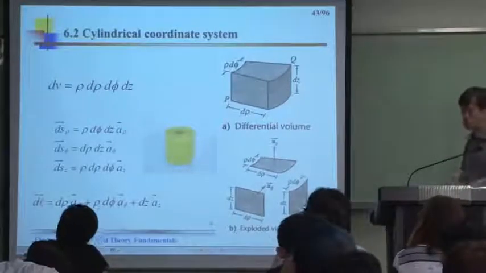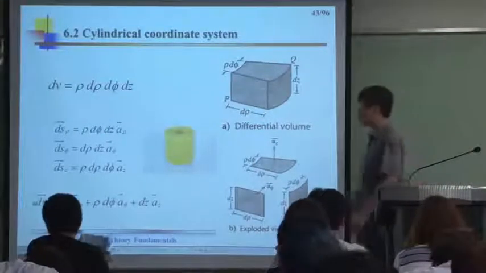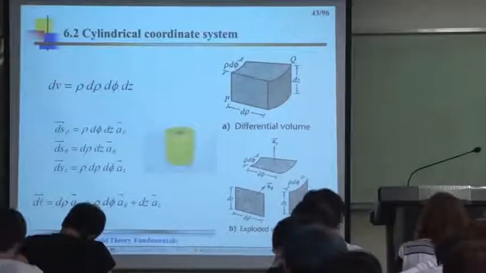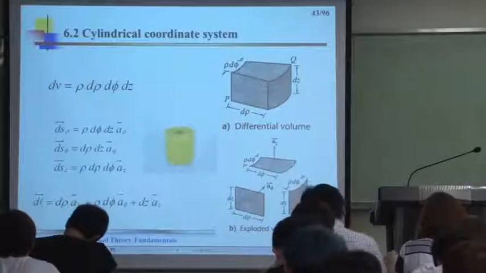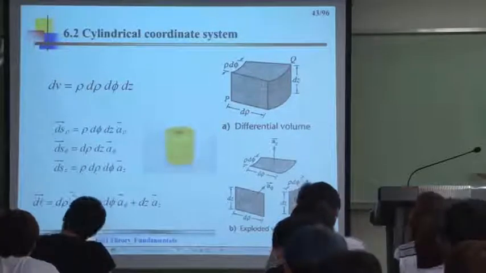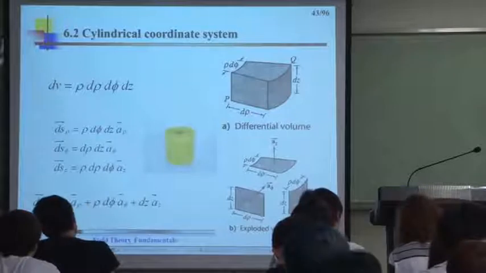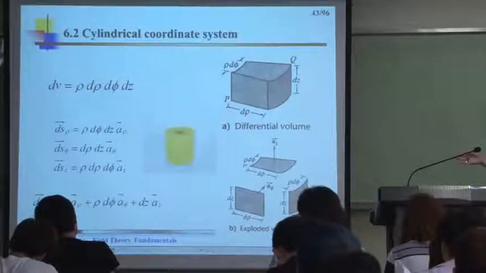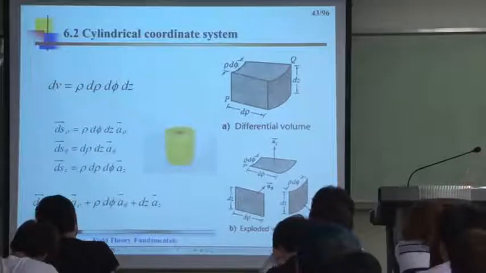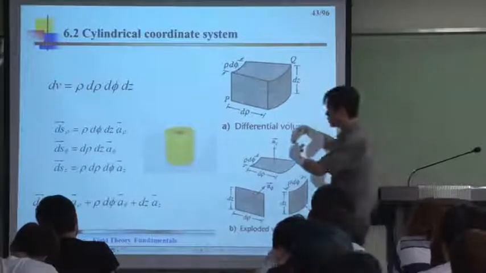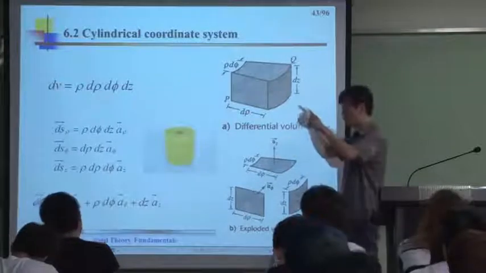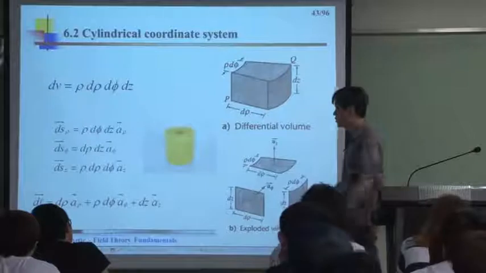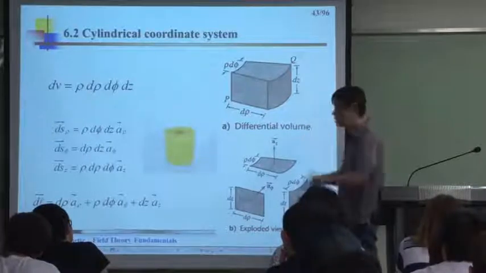Okay, so in case of the x, y, z coordinate system, it was easy. It was easy and very conceptual. By intuition, you can understand it. But in case of the cylindrical coordinate, it is a little bit complicated. So in case of the cylindrical coordinate, let's consider the small element of the volume in the cylindrical coordinates.